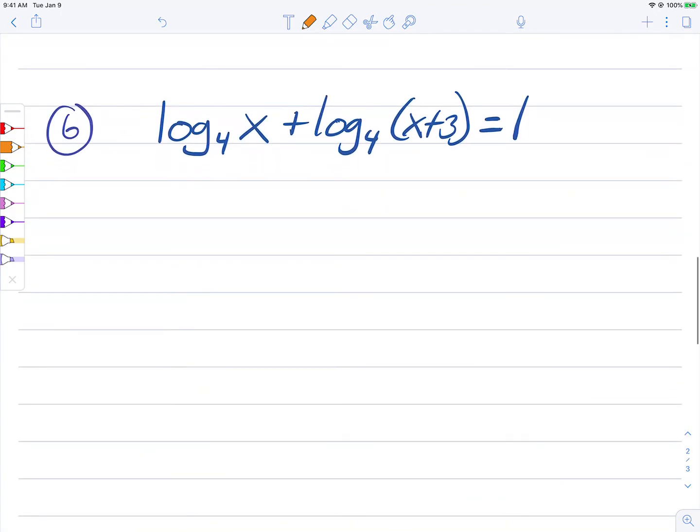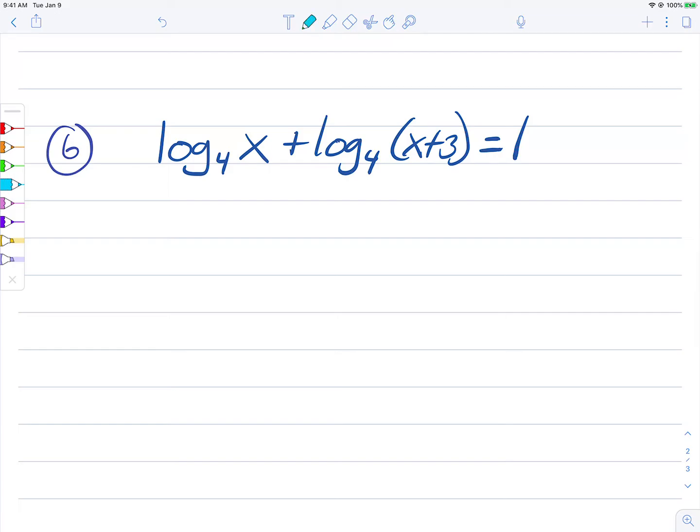Okay, let's try one more. If I were to put these two together using the property of logs, since it's an addition, that means I'm going to multiply those two. So I'm going to have log base 4 of, and I'm actually just going to distribute, x times x plus 3 is x squared plus 3x, and it still equals 1. Now, since I have log equals a number, I have to use my exponential equation.